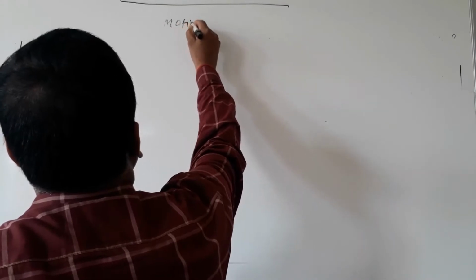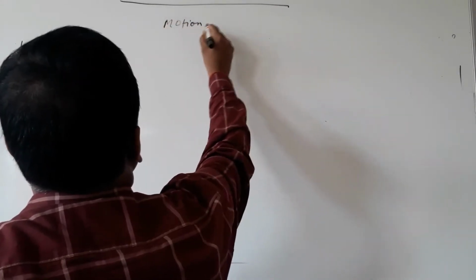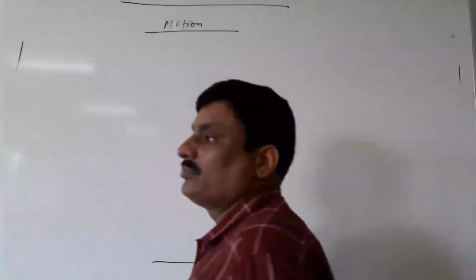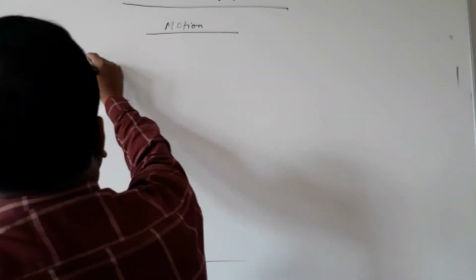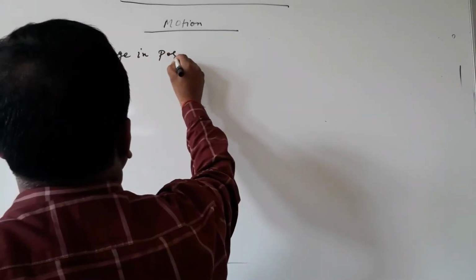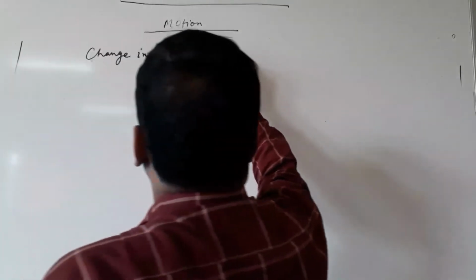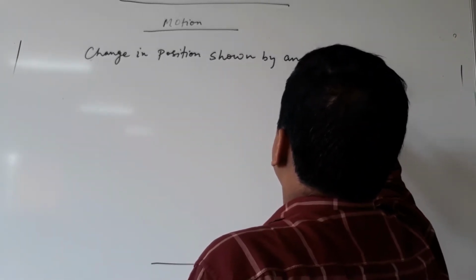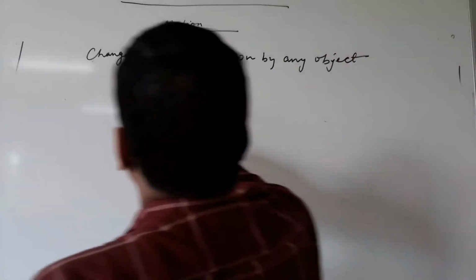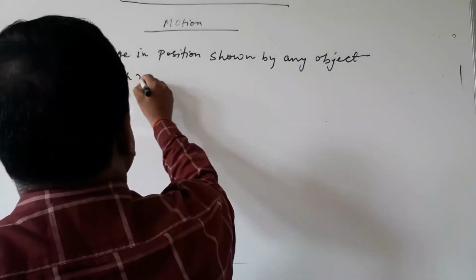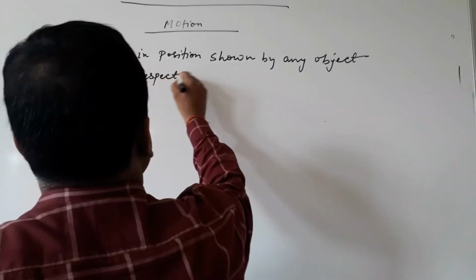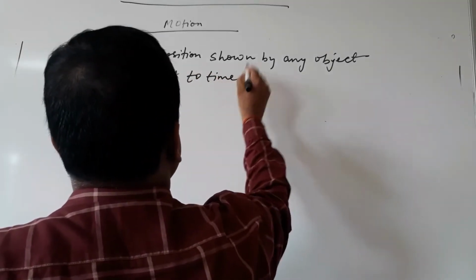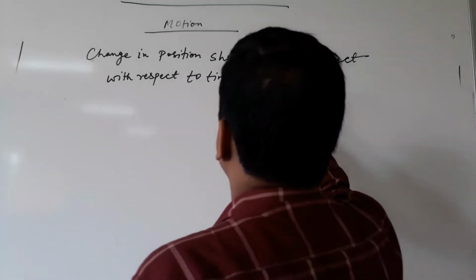Motion: change in position shown by any object with respect to time is called motion.